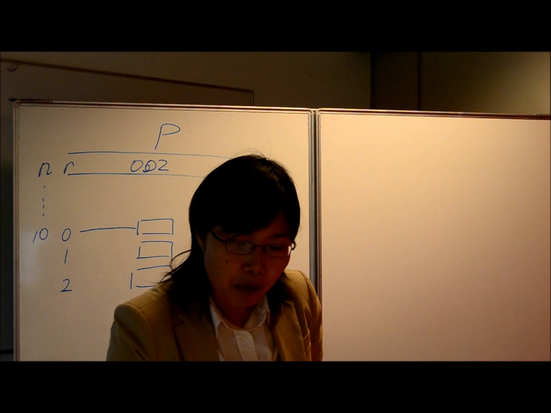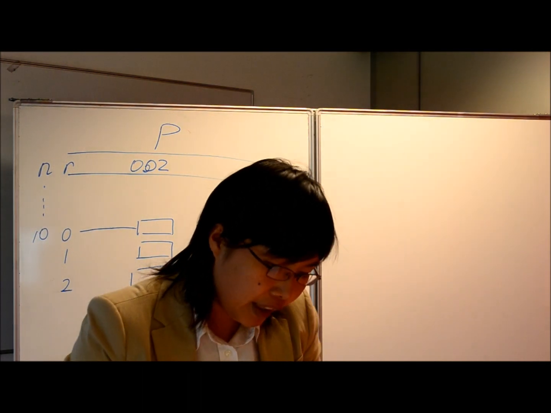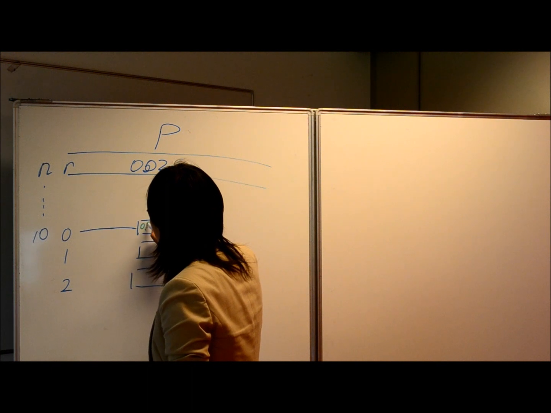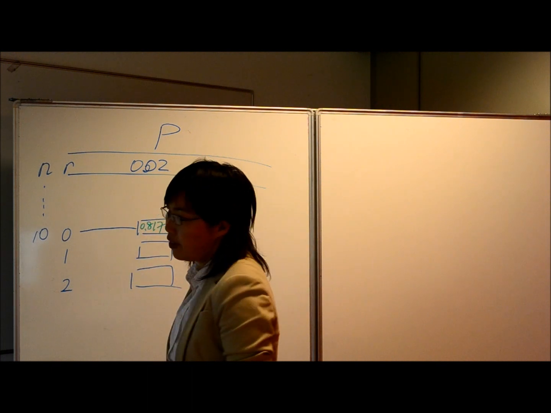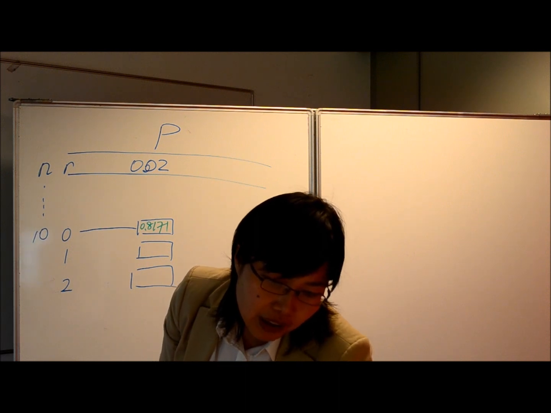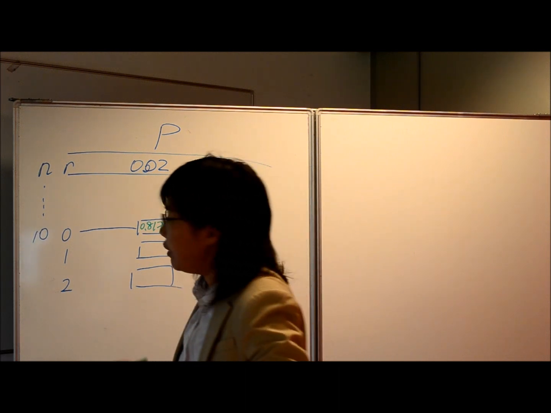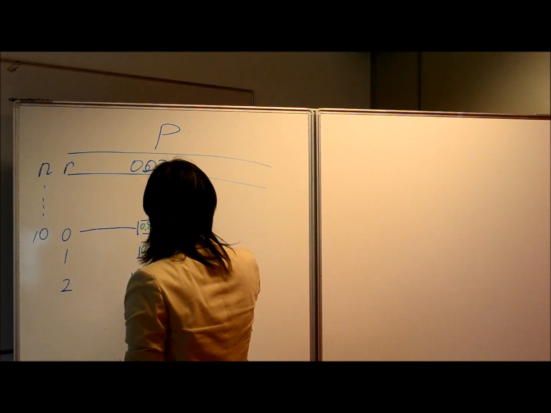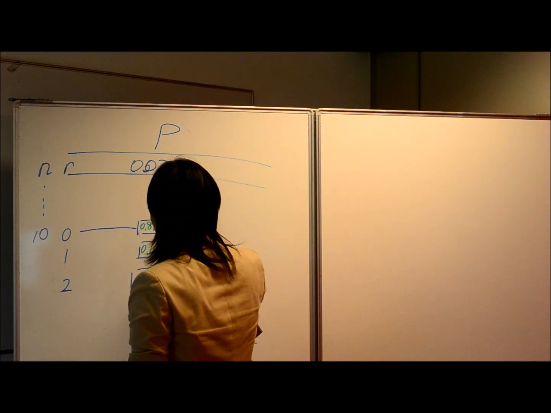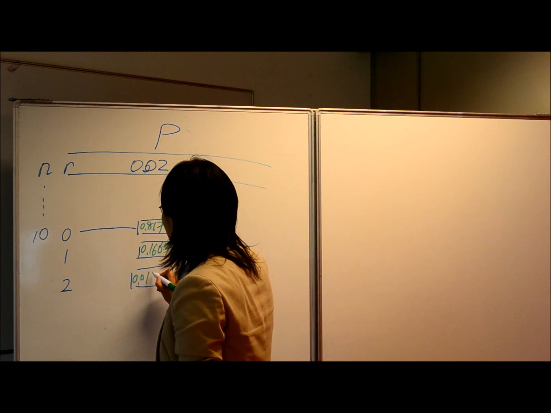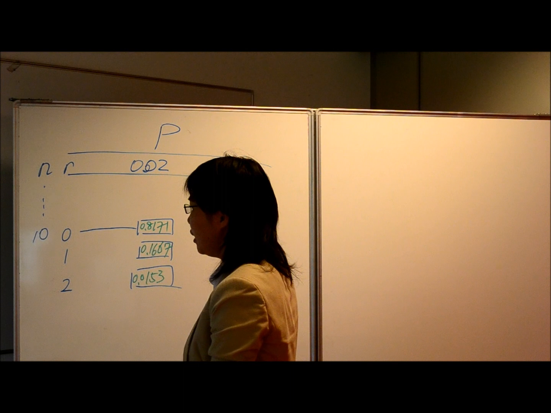From the table, we can find that for r equal to 0, the number is 0.8171. When r is 1, it is 0.1667. And when r is 2, it is 0.0153.